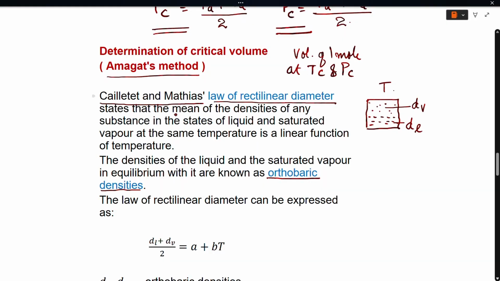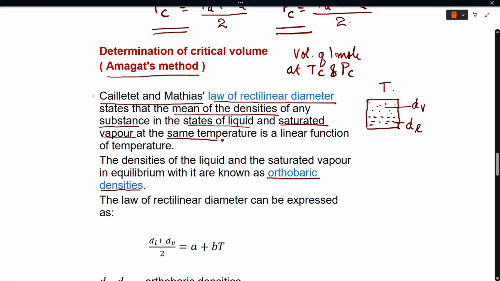Now, I will go to the law of rectilinear diameters. It states that the mean of densities of any substance in states of liquid and saturated vapor, and saturated vapor means they are in equilibrium at the same temperature, which is also very important, is a linear function of temperature.